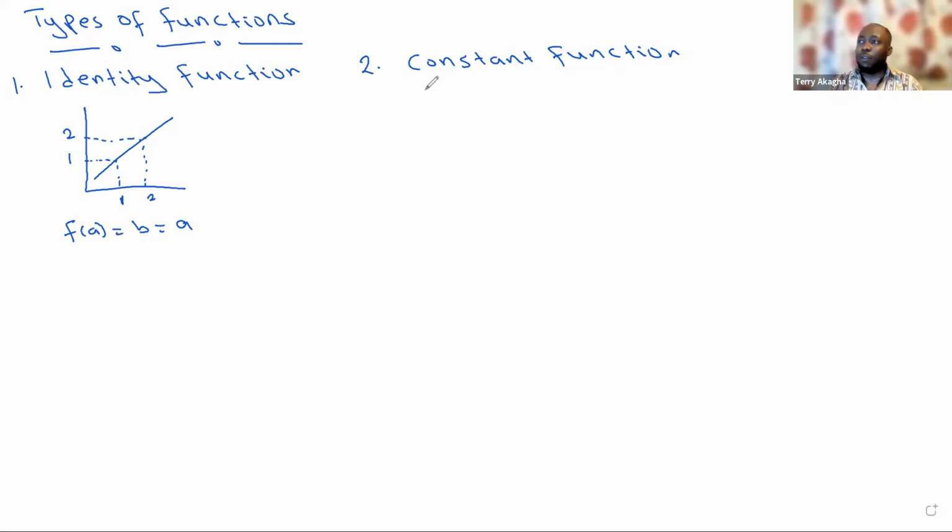For instance, let's say we have y equal to 3. Even if the x is equal to 1, the y is equal to 3. Even if the x is 2, the y is still 3. Even if the x is 3, the y is 3. Even if the x is 4, the y is 3. So this is what we call a constant function.